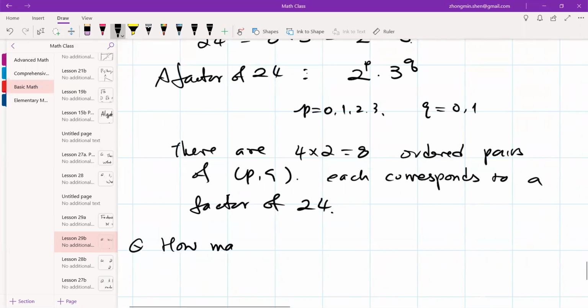How many factors does 54 have? And let's please do this.